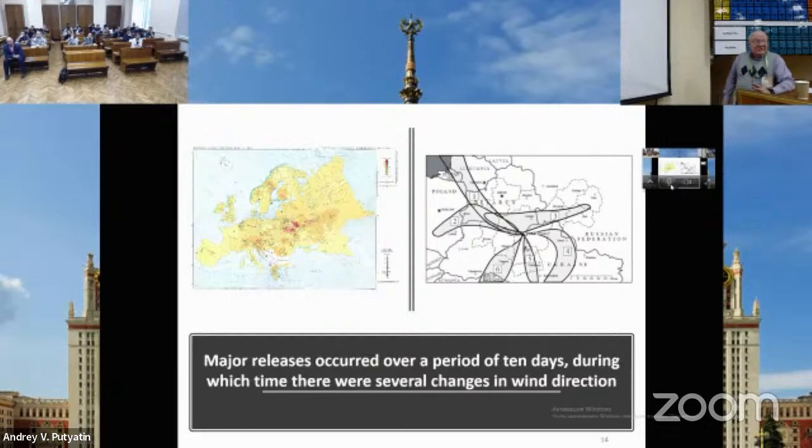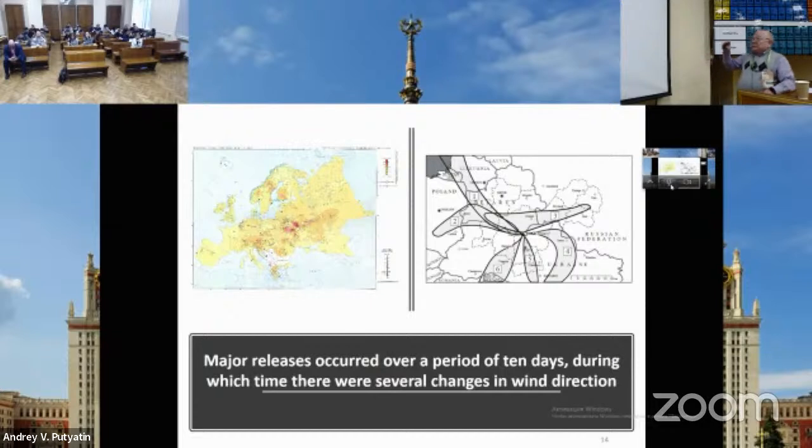We should take into account two factors when we analyze the map of contamination. First, wind and atmospheric transport, and second, precipitation. When you have precipitation, wet deposition of radionuclides is much more efficient and faster than dry deposition.